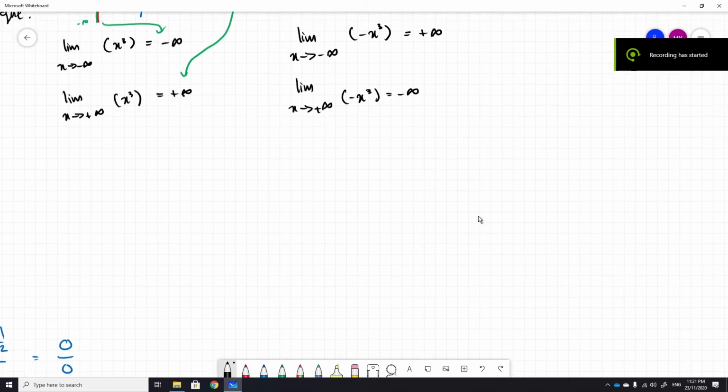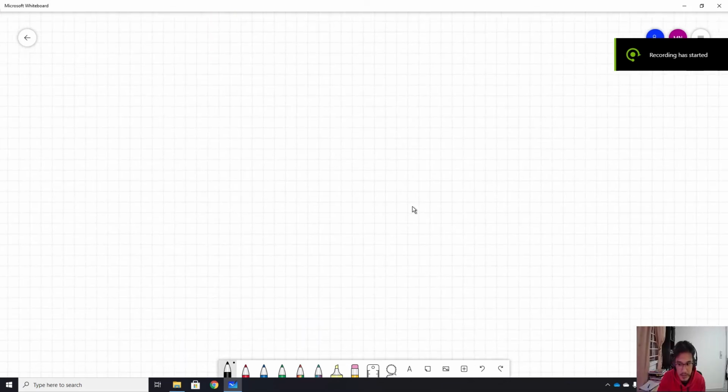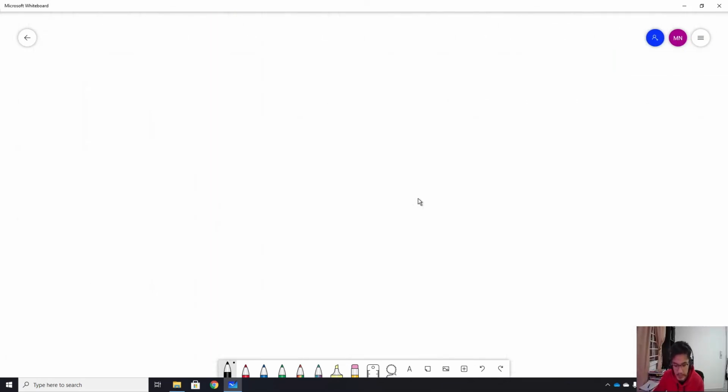Okay, now let's look at the example. Let's say we have limit x is approaching towards positive infinity of function x square plus 3. So bila kita substitute, infinity square plus 3 akan sama dengan positive infinity.